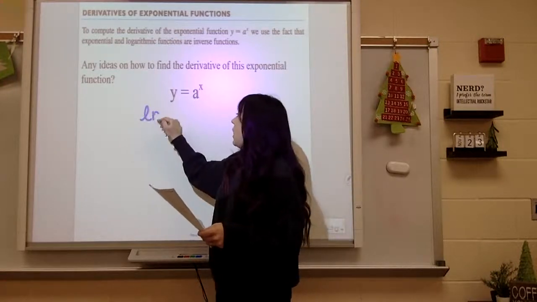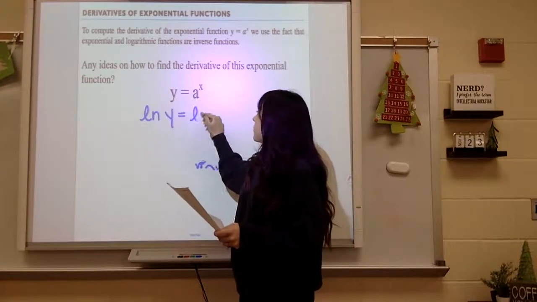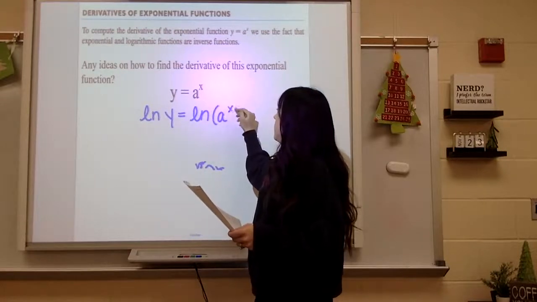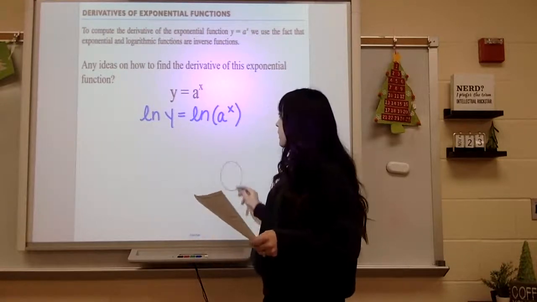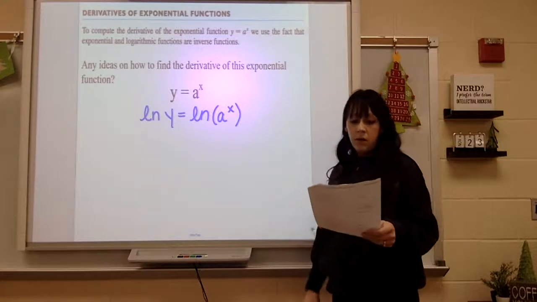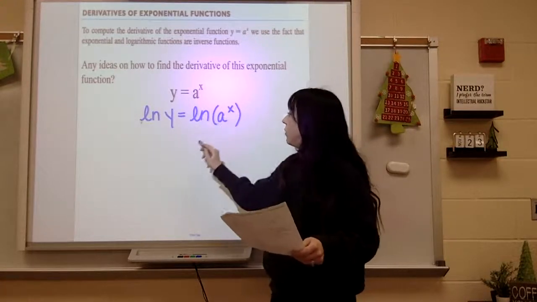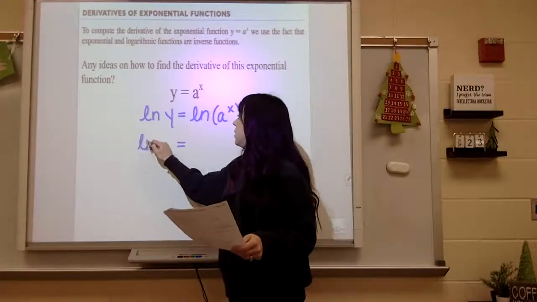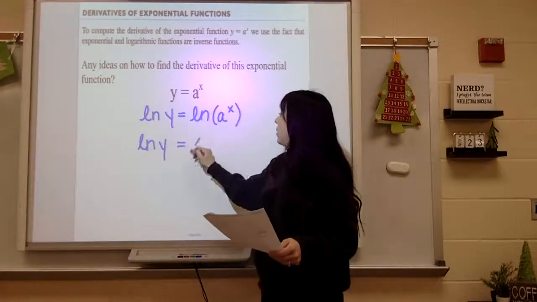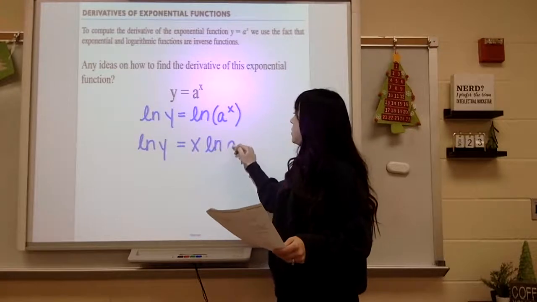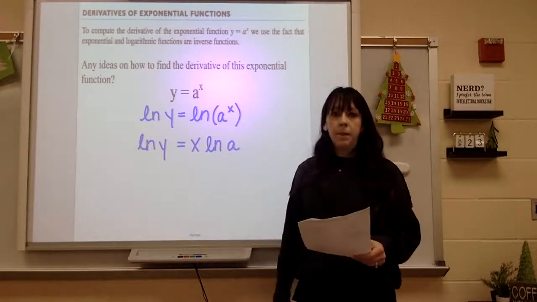Okay, so watch this. I'm going to apply a logarithm to both sides of my equation. I'm going to use my logarithm properties to simplify on the right side. So I can bring the power to the front.